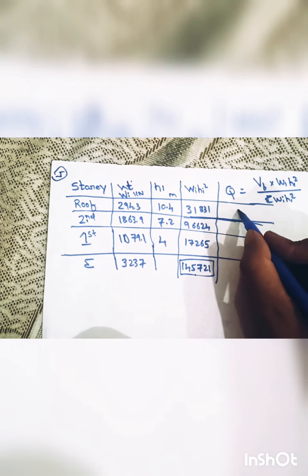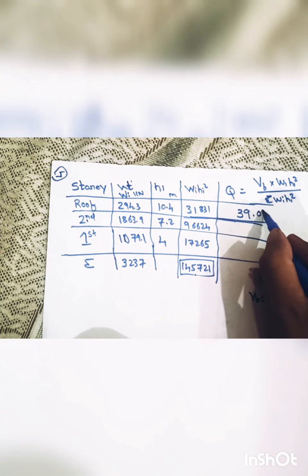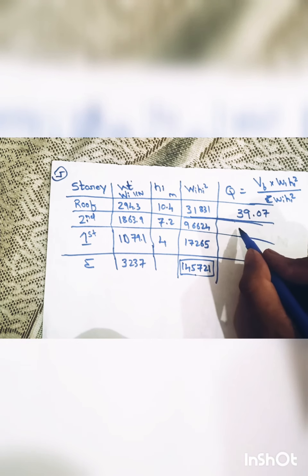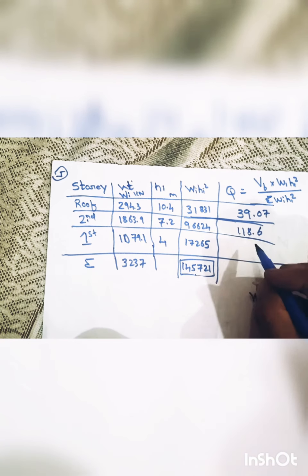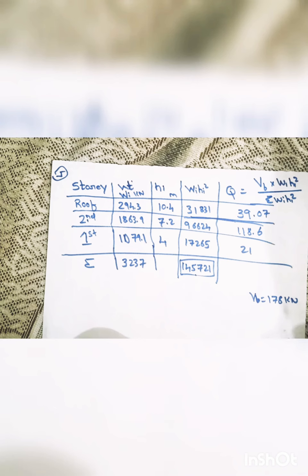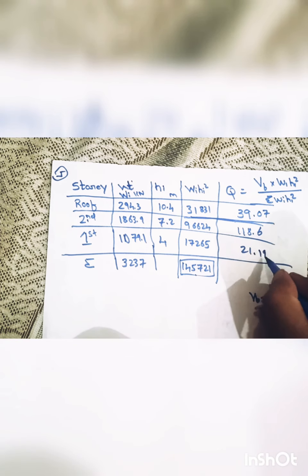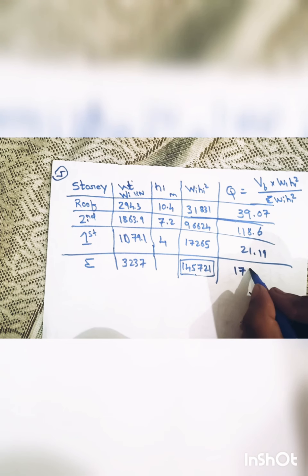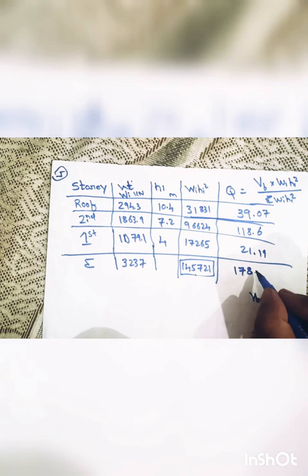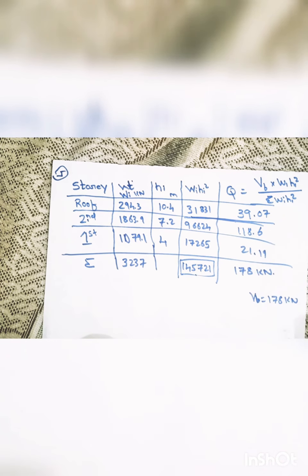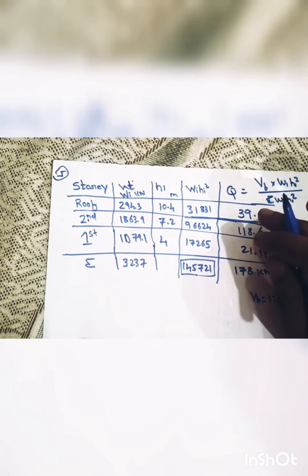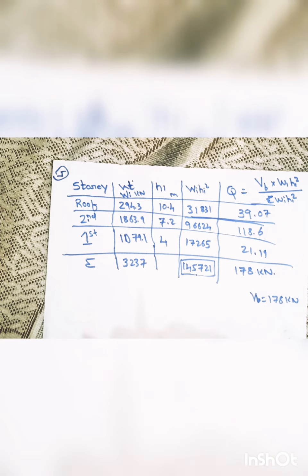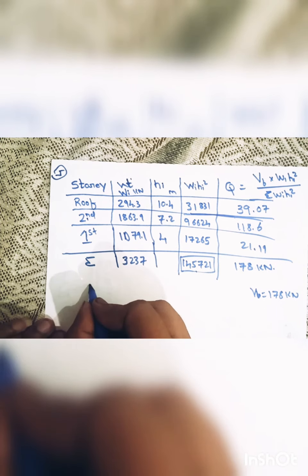So we will get the answer 39.07, 118.6, 21.19. Total should be same as that of base shear because we are distributing it along each floor. So 178 kilonewton. So this is how the lateral forces at each story is calculated. At each story. So we can show it in the form of a figure.